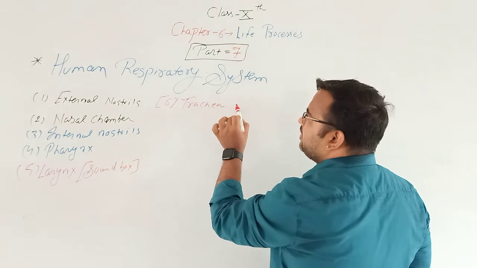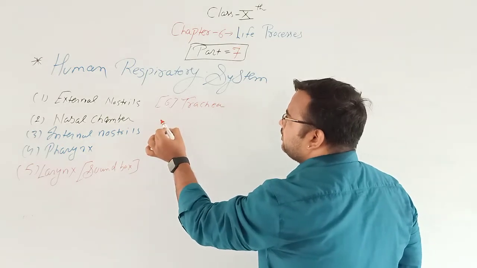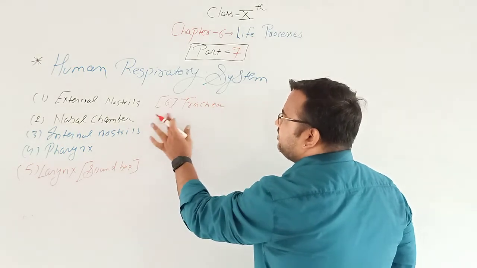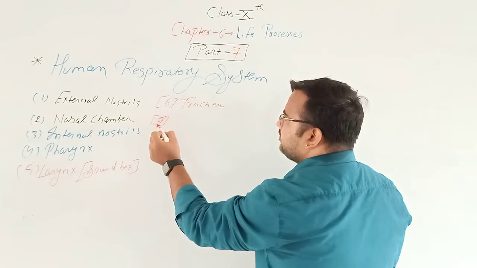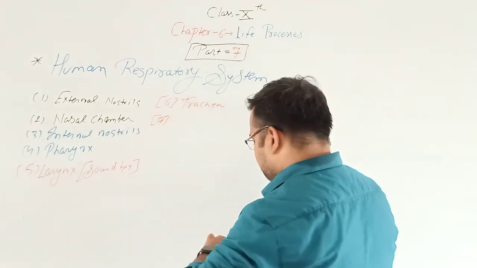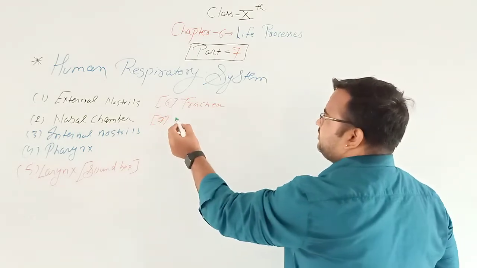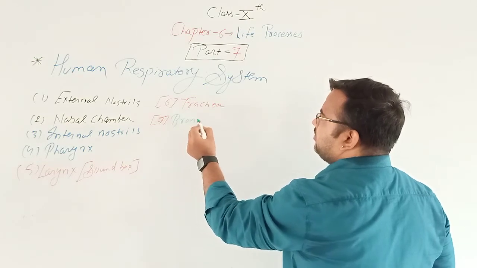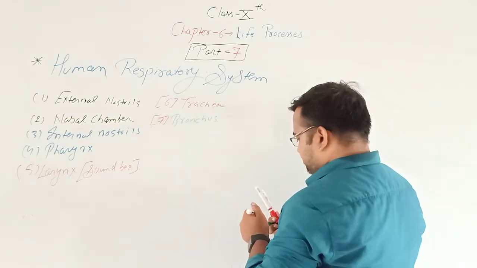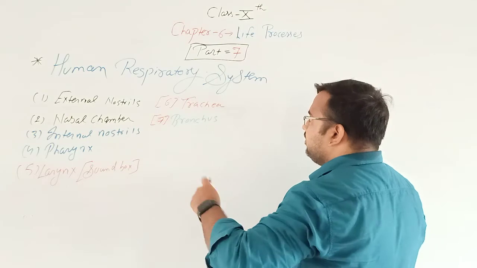The trachea is known as the windpipe of our body. The seventh part is the bronchus.